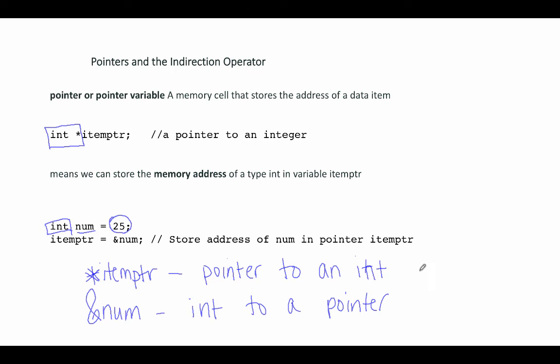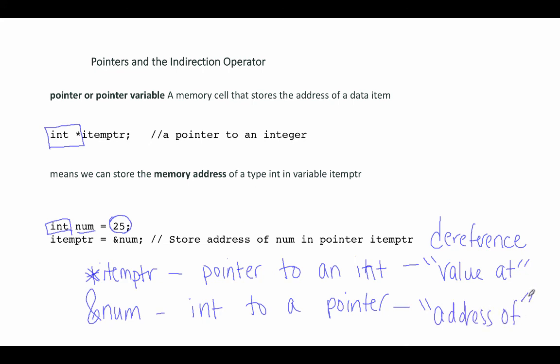Okay, so this is called dereferencing, or getting to the value at the pointer. And this is getting to the address of the integer. So these are two terms that you want to remember as we move forward through pointers.